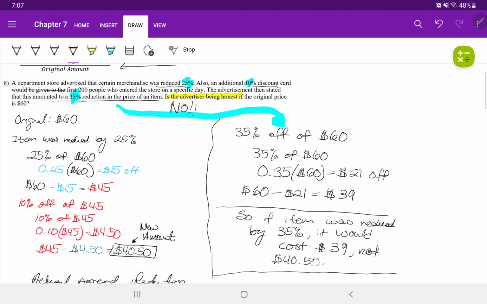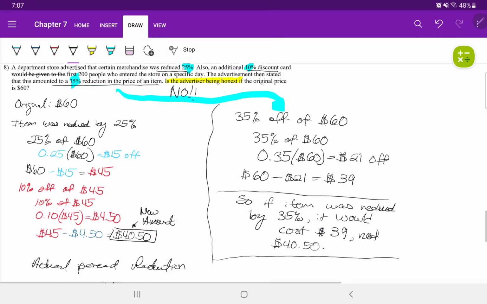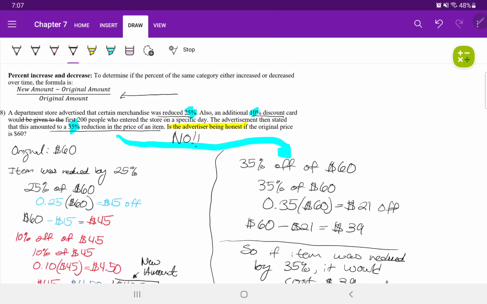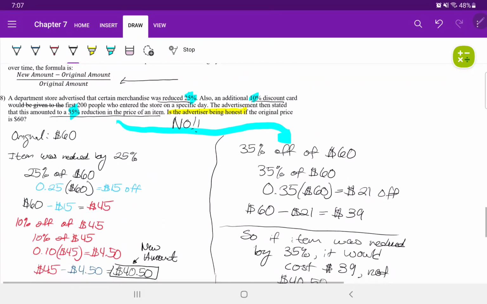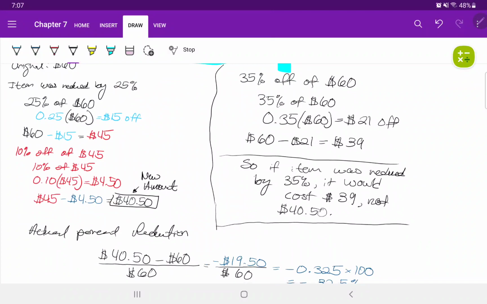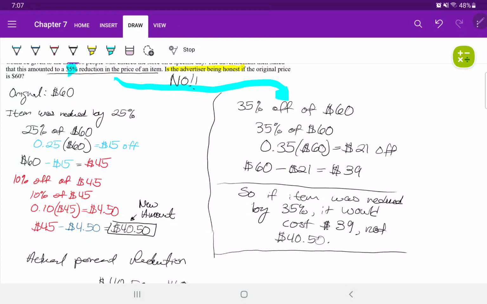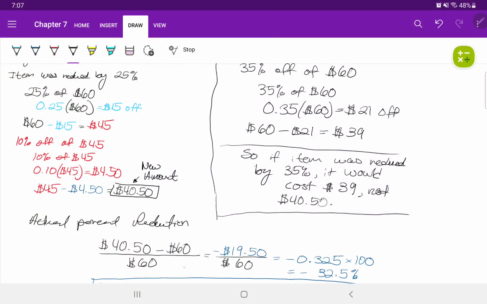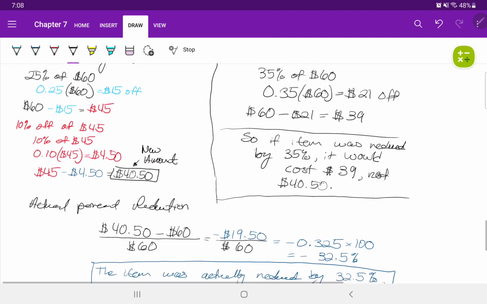Then I wanted to find the actual price reduction, the actual percent reduction, I should say. To find the actual percent reduction, we're going to use the percent increase and decrease formula, which is the new amount, $40.50, minus the original amount, $60, divided by the original amount, $60.